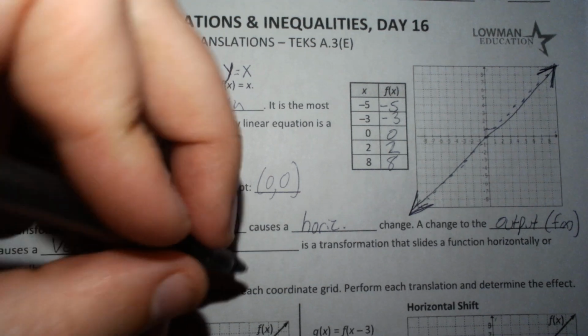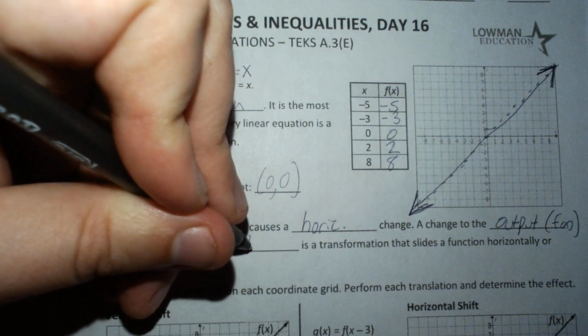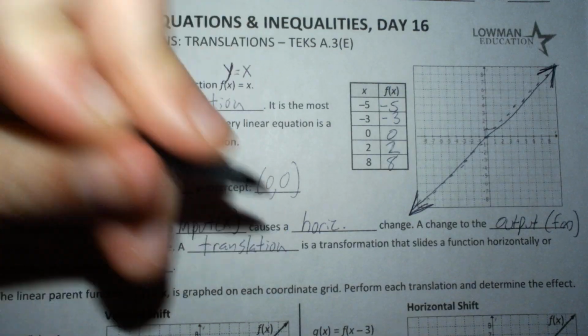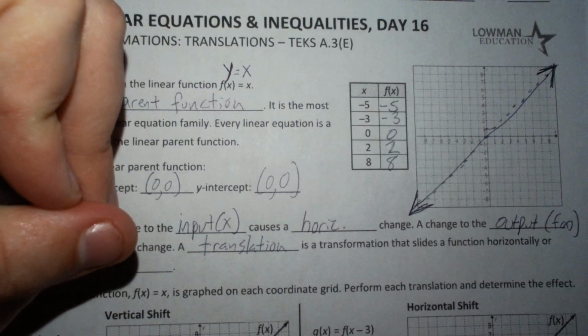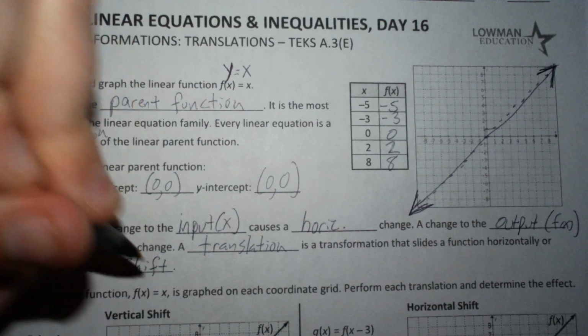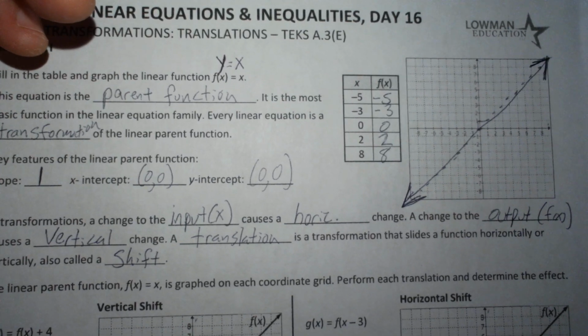We would call that a translation. It's a transformation that slides it horizontally or vertically, so we could call it a shift. It just shifts the line left, right, up, down, any of that.